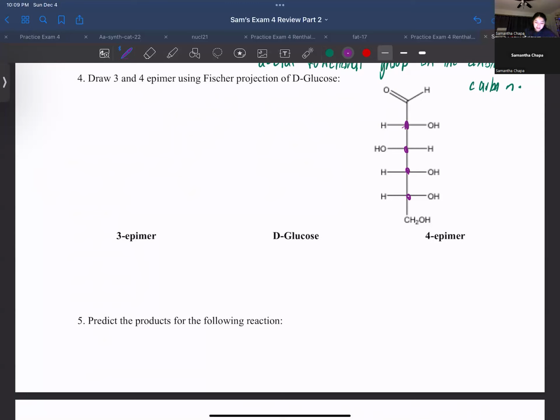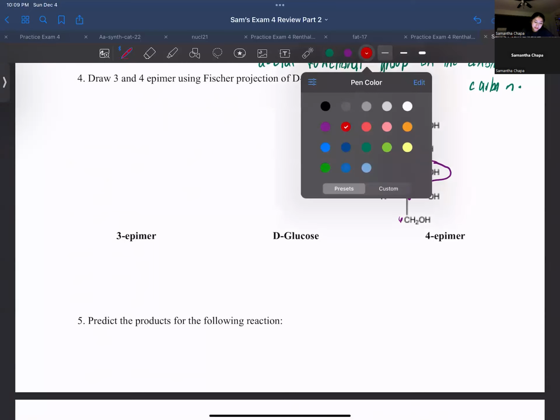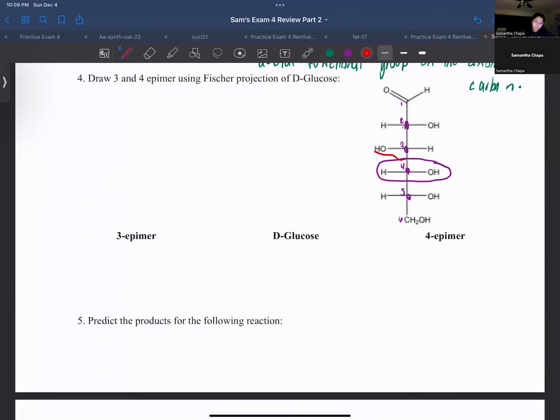That's exactly what I'm asking you to do for each of these. To solve this, you number it as usual. The carbonyl carbon is 1, 2, 3, 4, 5, and I'll number this as 6. At carbon 4 we want an epimer, and at carbon 3 we want an epimer.